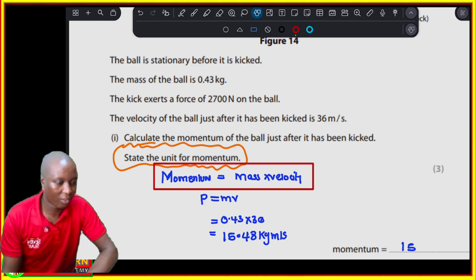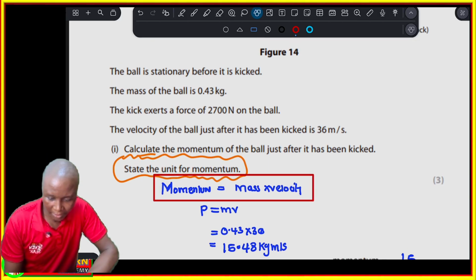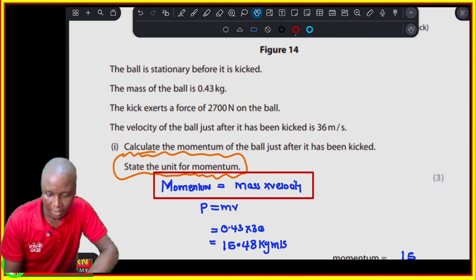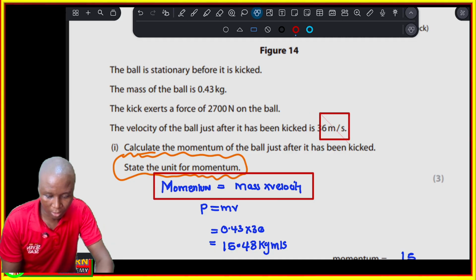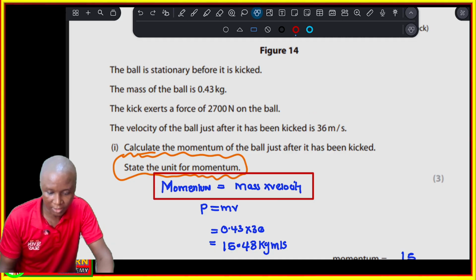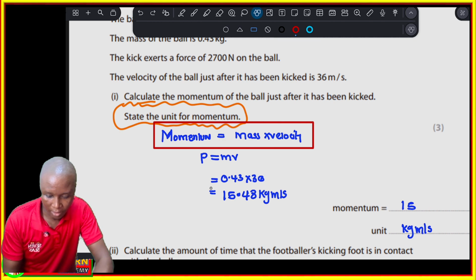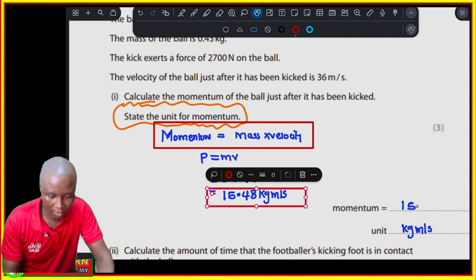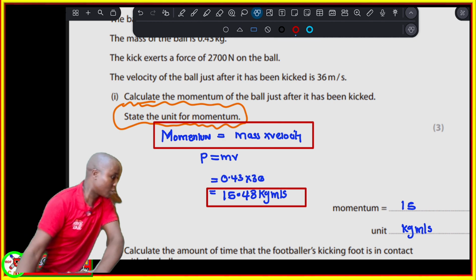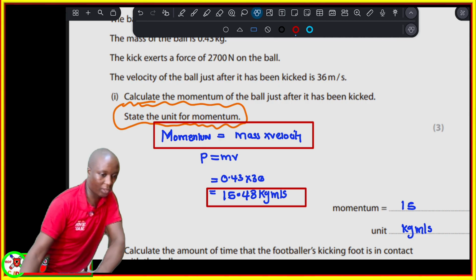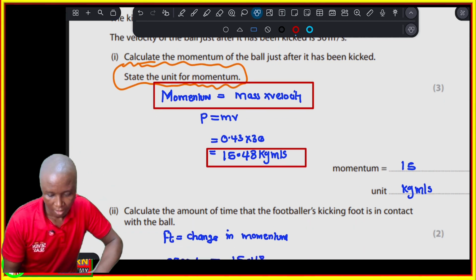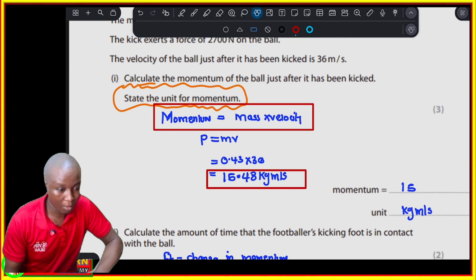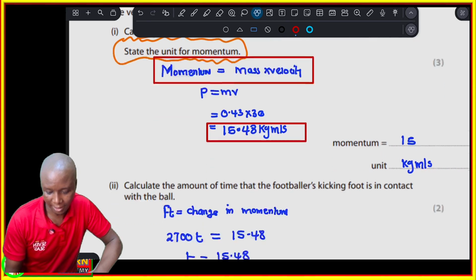In this question, mass is 0.43, and the speed we were told is 3.6 meters per second. If you work it out, you're going to have your answer. The unit for momentum is kilogram meter per second.